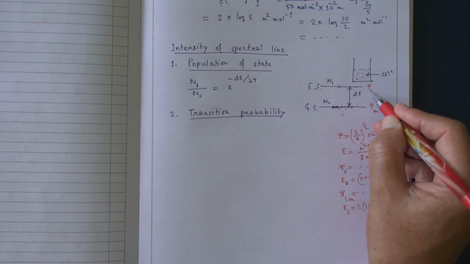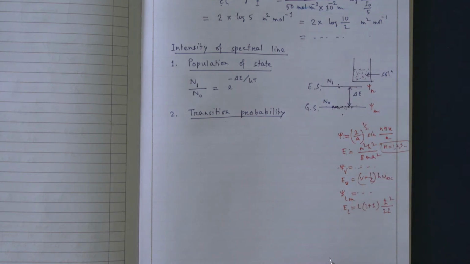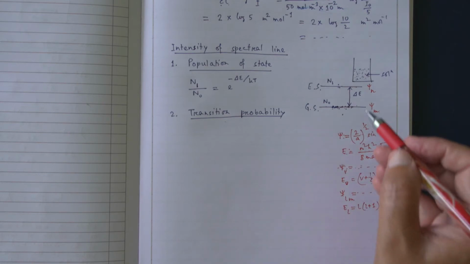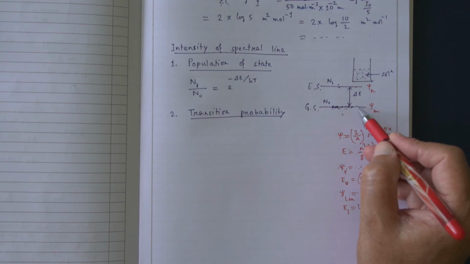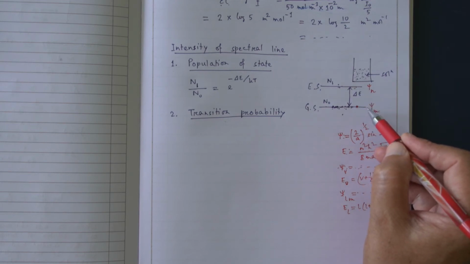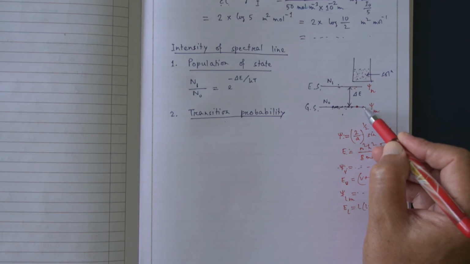This state's wave function is this. And what is the probability of moving the particle from this state to this state?